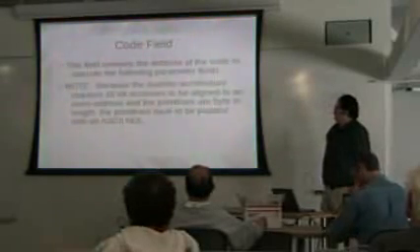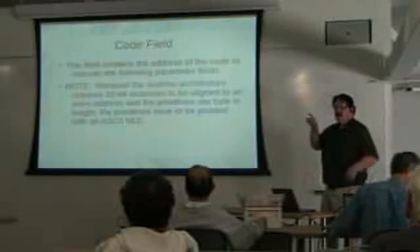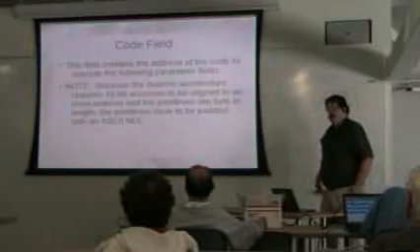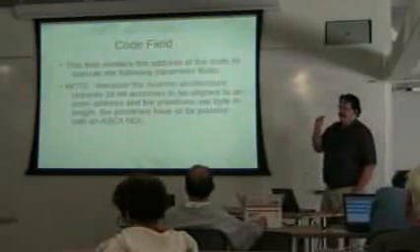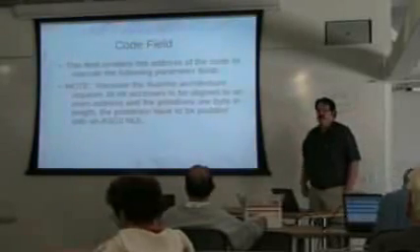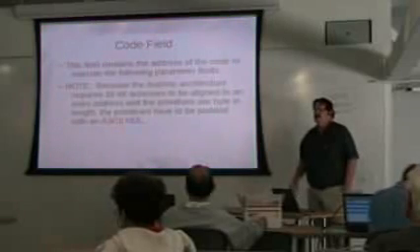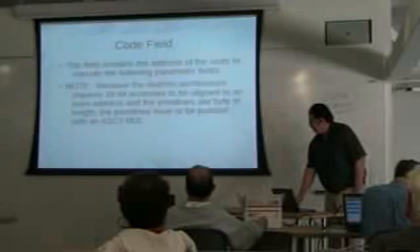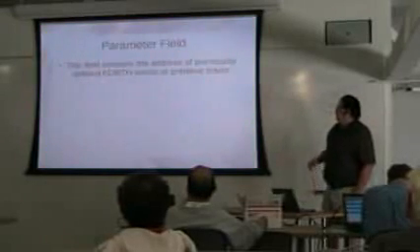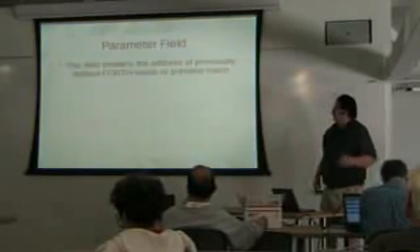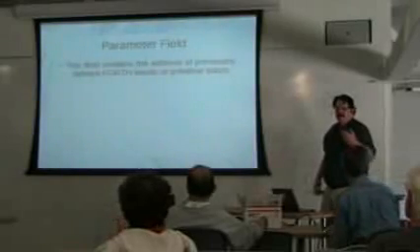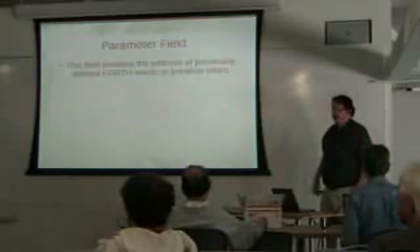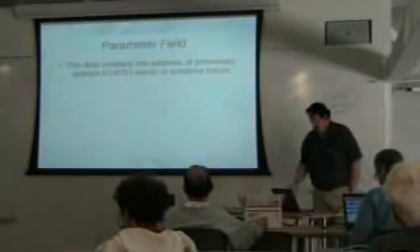The code field points to C code, which will execute the following parameter fields. Again, this code field has to be on a 16-bit boundary. And then the parameter field can be the CFAs of previously defined words, or they can be primitives.